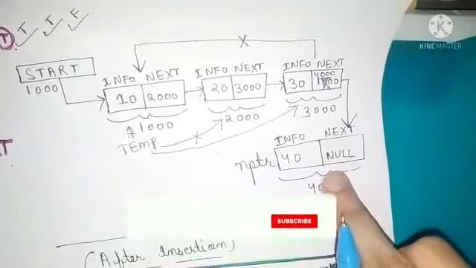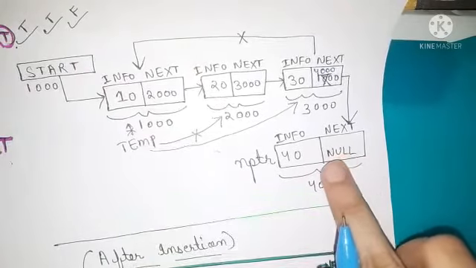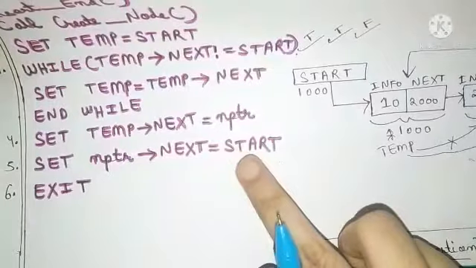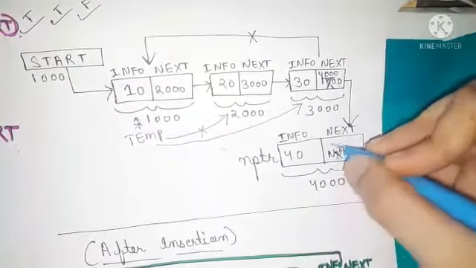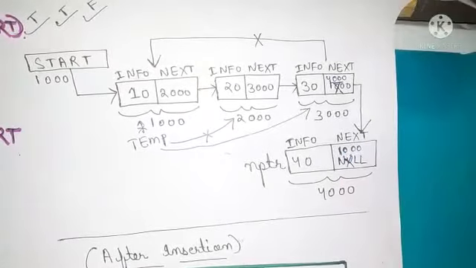Now nptr became our last node. When nptr next was created, by default the next pointer was storing null, but after the statement nptr next is equal to start, it will store the address of our first node, that is 1000.